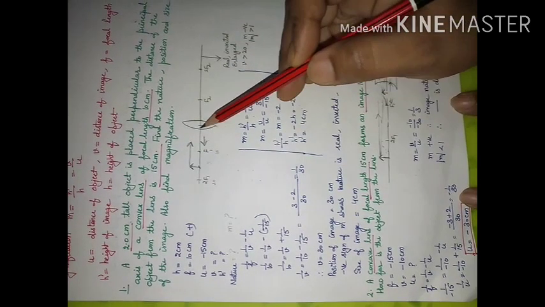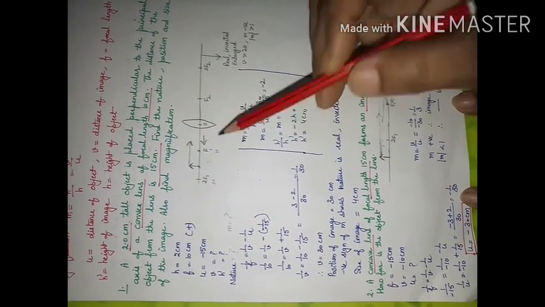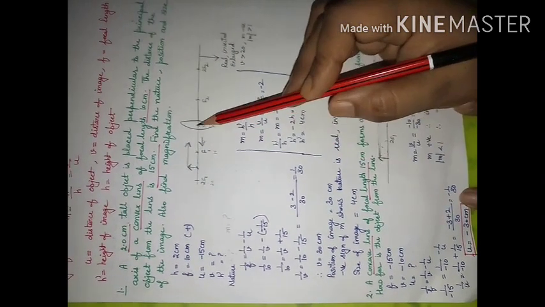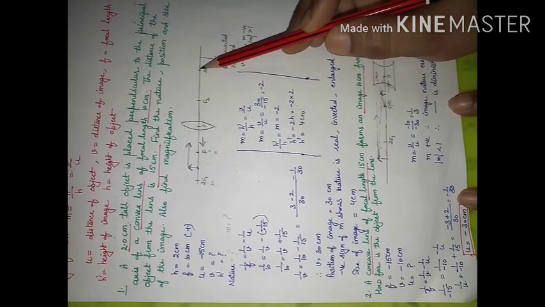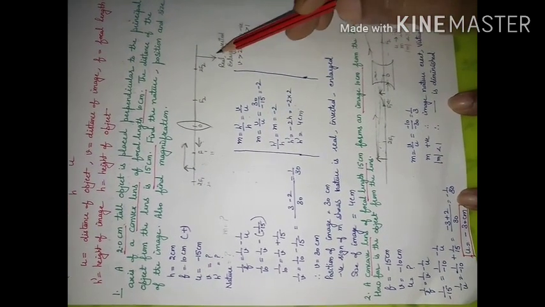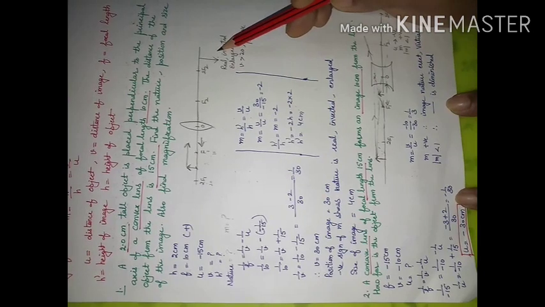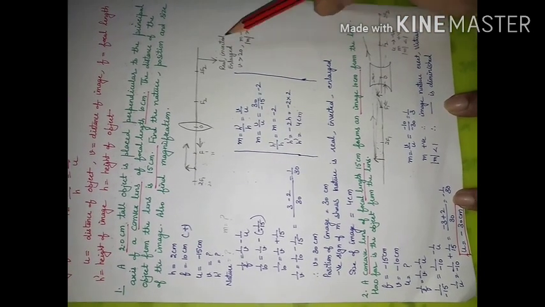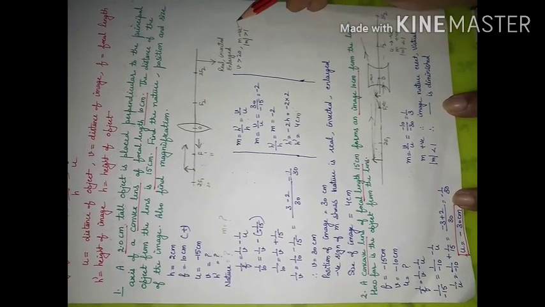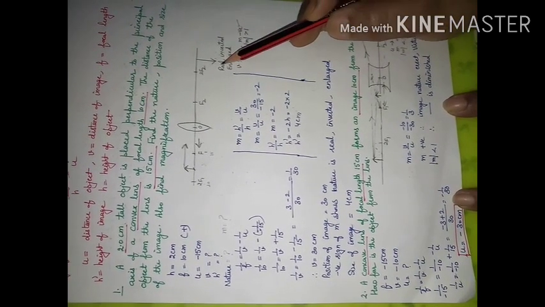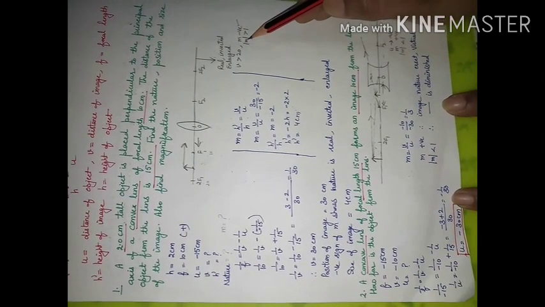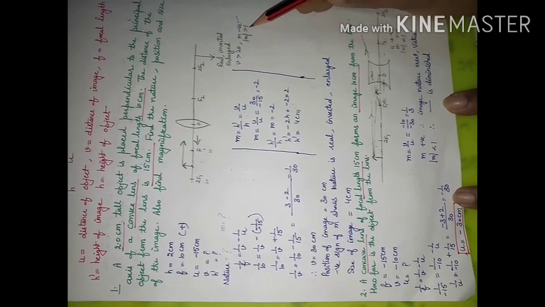And when we have done ray diagrams, then we know that if object is between f1 and 2f1, then image is formed on the other side beyond 2f2. Image is enlarged, it is real, it is inverted. So an idea of the answer will be that magnification should come with a negative sign because image is going to be real and inverted. It is enlarged, so magnitude of magnification should be greater than 1.